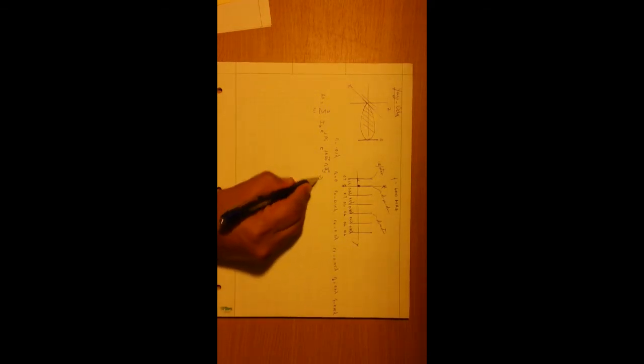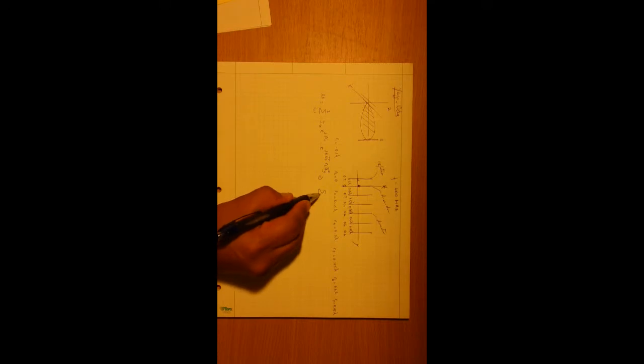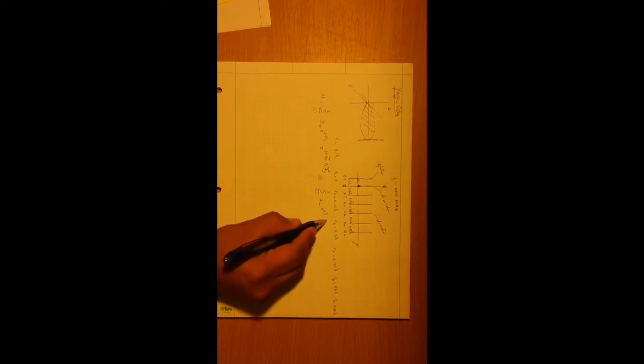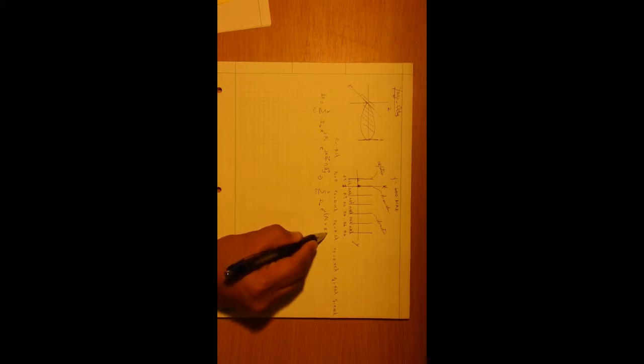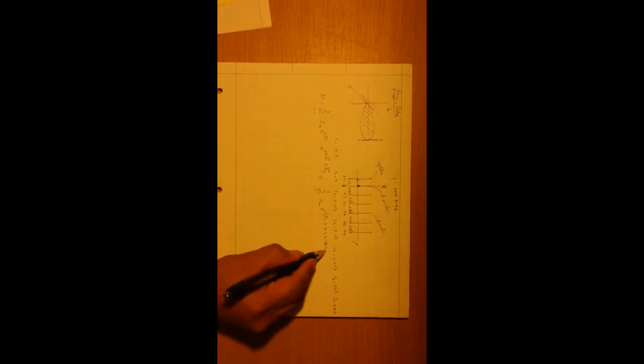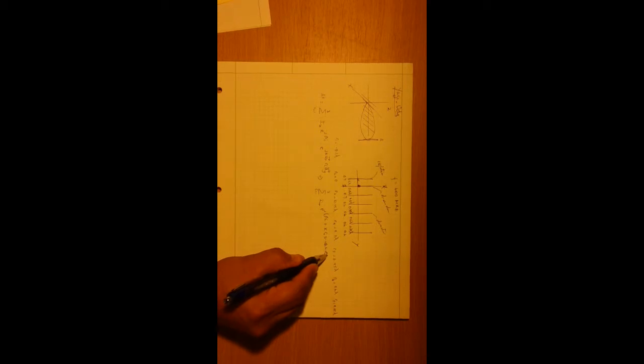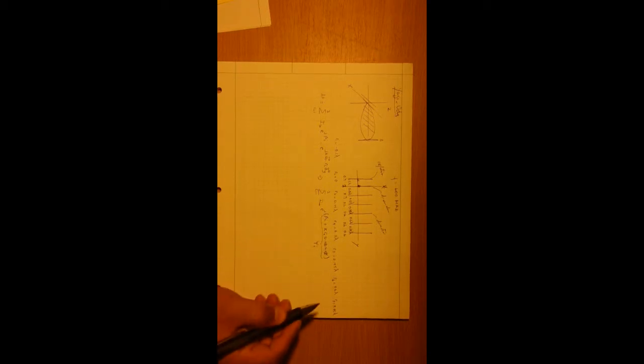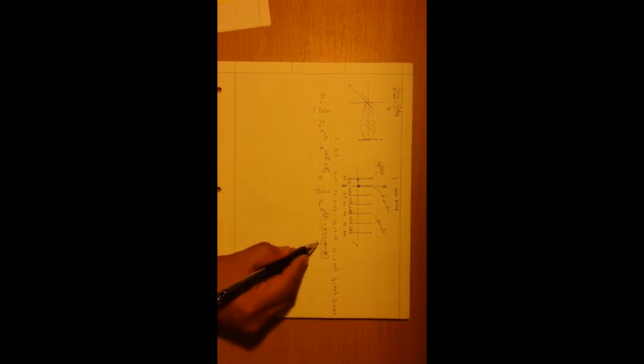So this becomes the summation of i equals 1 to 7 I_i e to the j beta i plus k r_i sine theta sine phi. Okay, so this term is gonna be called psi, this symbol right here, psi i.